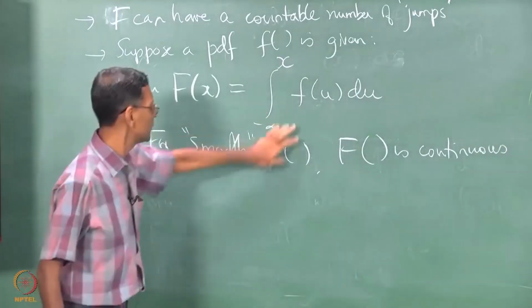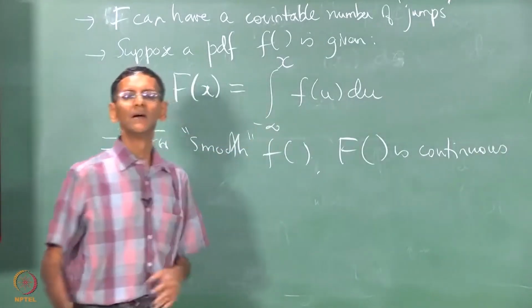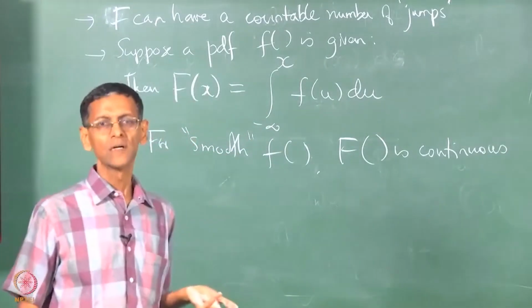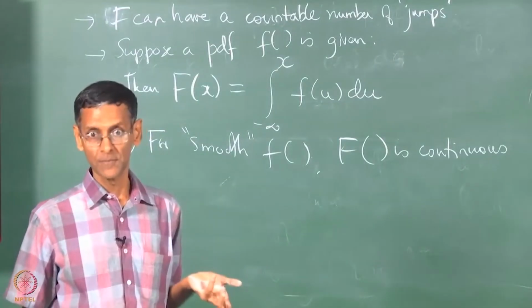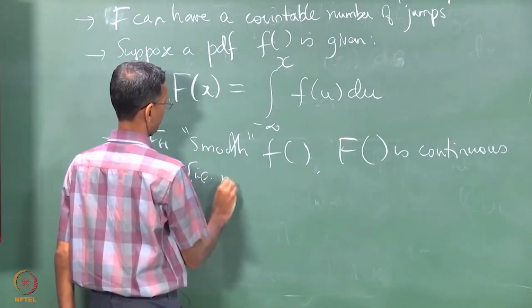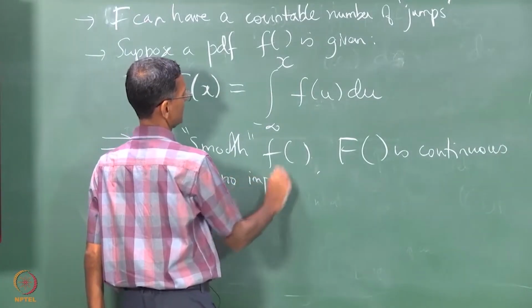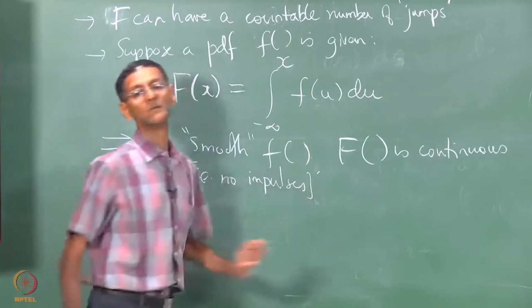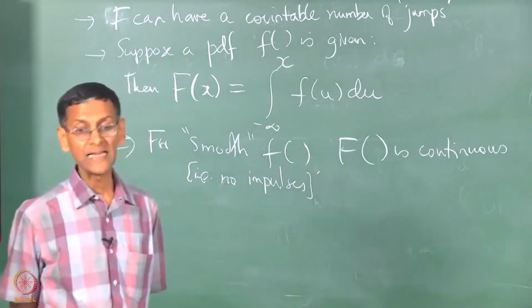When I say smooth I am including the case of a countable number of jumps, but no impulses. So we are not going to consider this case at all.